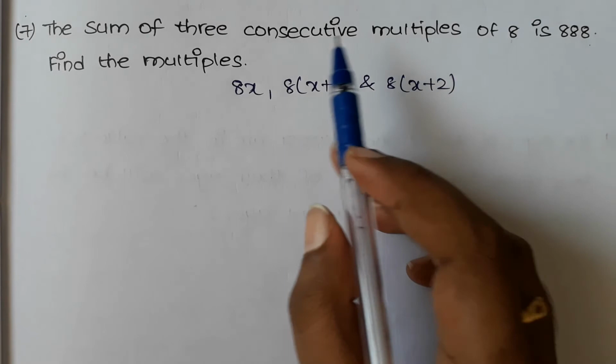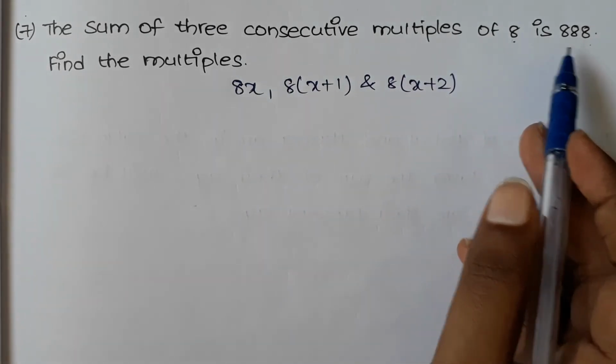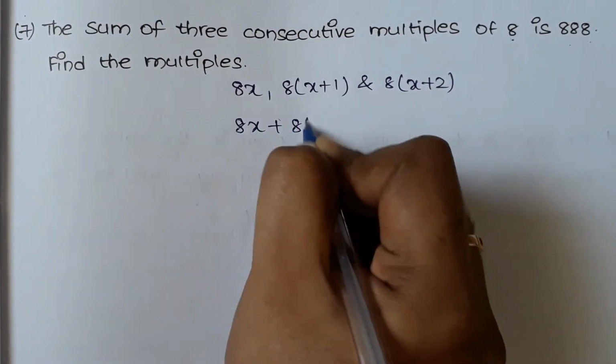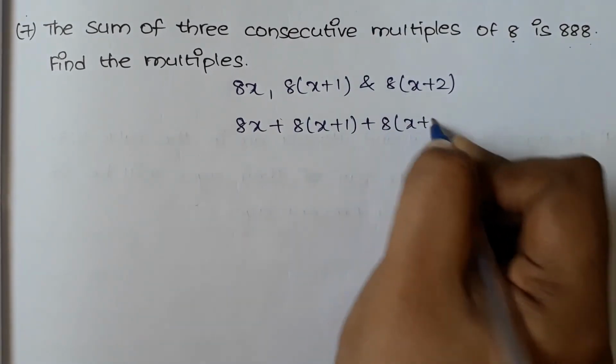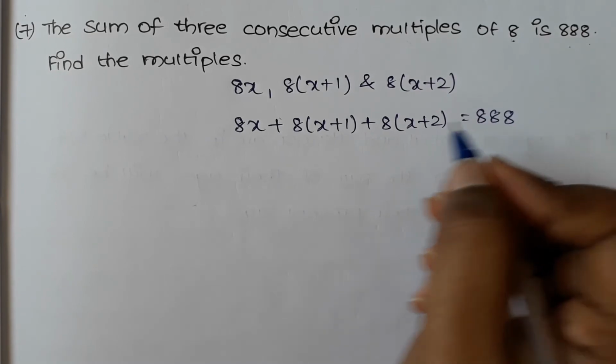Now they have given that the sum of these three consecutive multiples is 888. That is 8x plus 8 into x plus 1 plus 8 into x plus 2 equals 888.